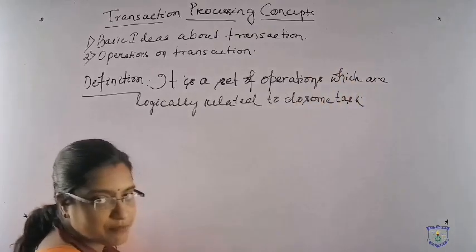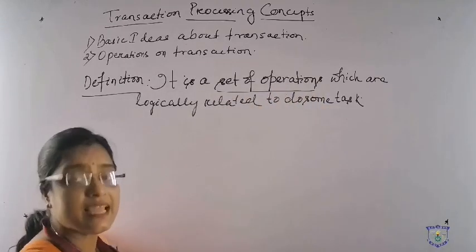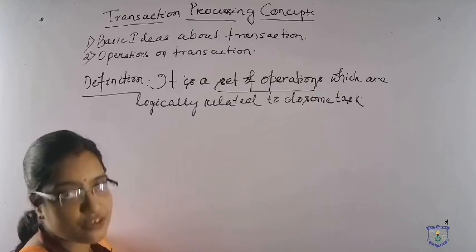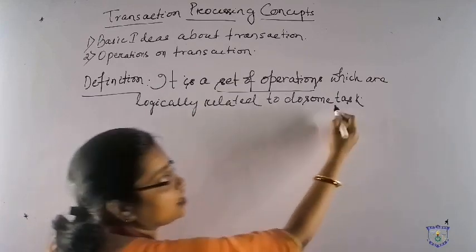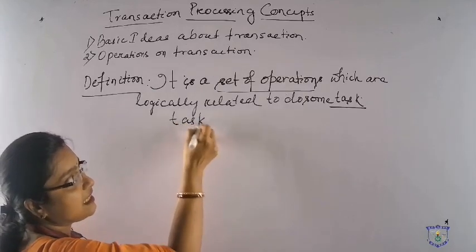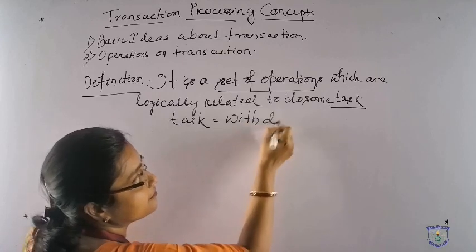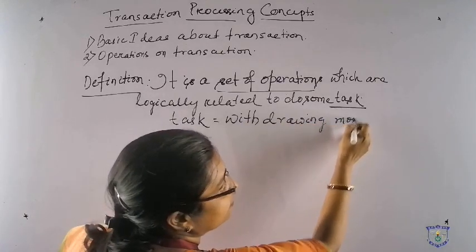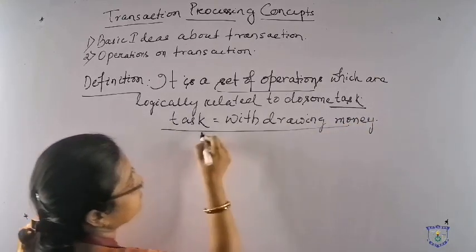In case of ATM, I have discussed with you the set of operations. So what are the operations? Inserting the card, then entering the PIN, then entering the amount to withdraw the money. Those are the set of operations. Those operations are done to perform some task. So what is the task? The task is withdrawing money. Yes or no? Withdrawing money. Okay, so this is known as the transaction.